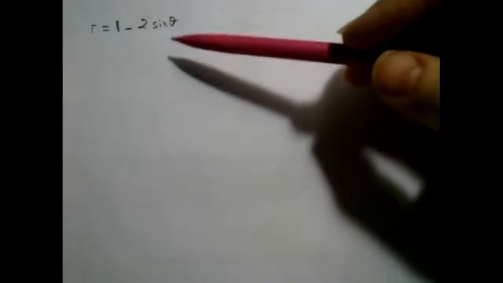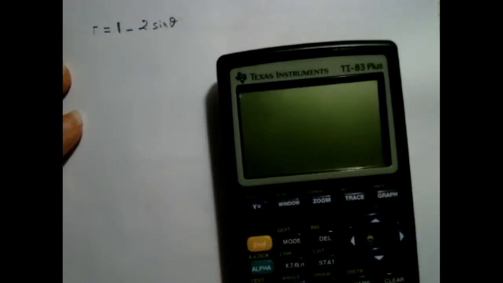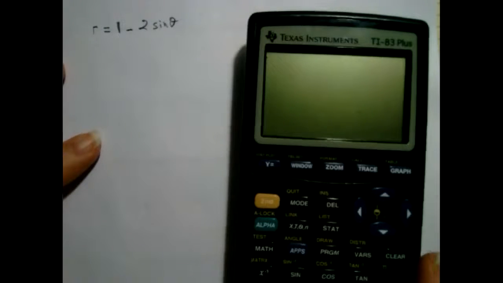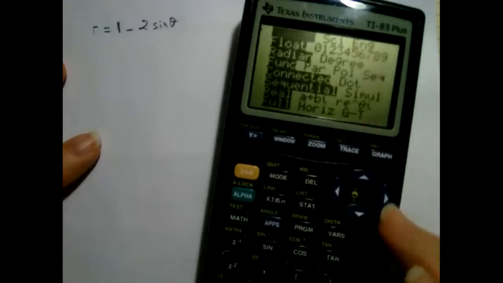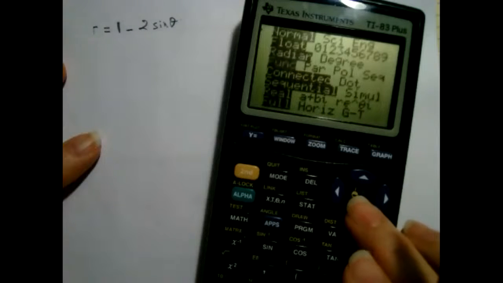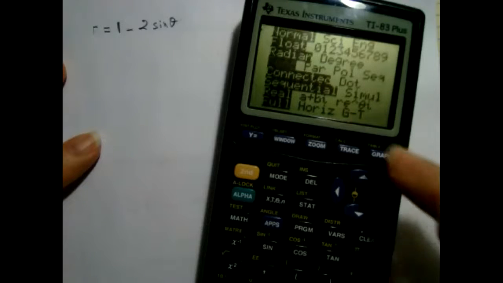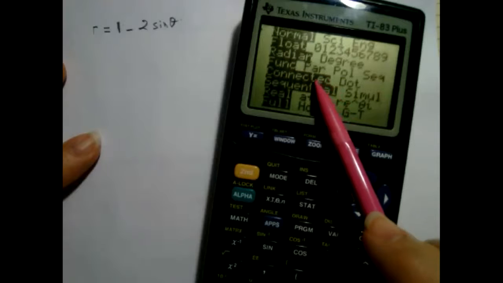Now, as probably some of you know, and in case you don't, you should know that your calculator basically graphs those, and there are a lot of decimals. So if you're using your calculator, you go to mode, and you put your calculator in function, and if you want to graph in parametric, you move to parametric.